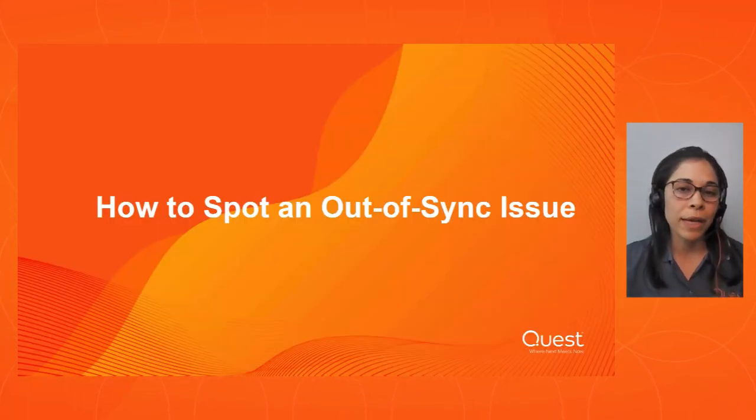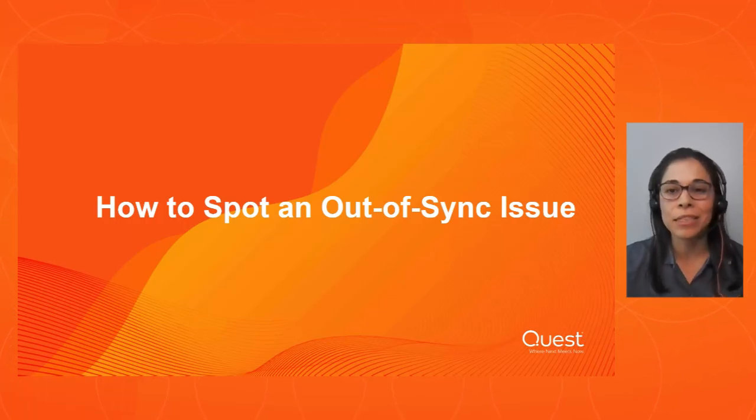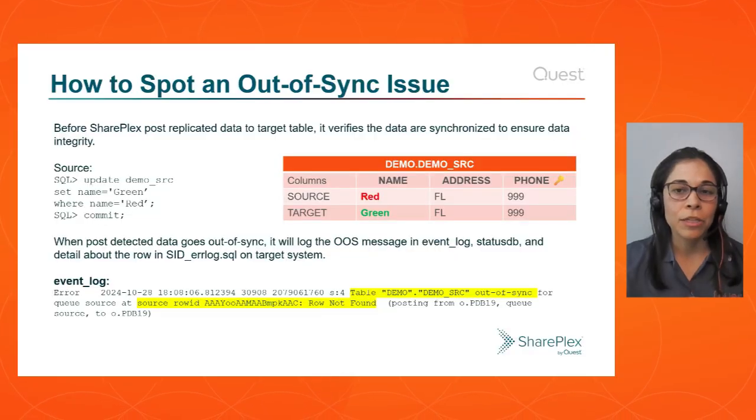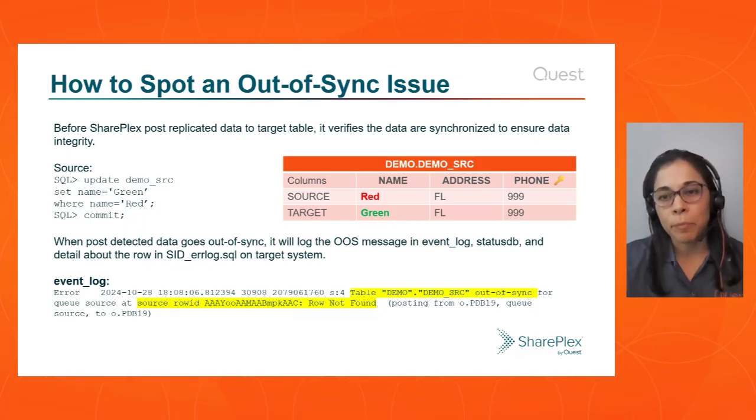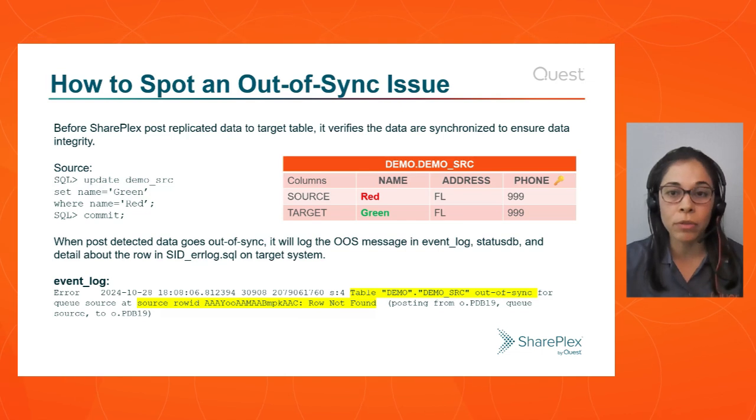Identifying an autosync problem early in the replication process is essential for maintaining data integrity. SharePlex offers several ways to detect when a row is autosync. First, during the replication, SharePlex checks that the data that is about to post on the target database matches between the source and the target.